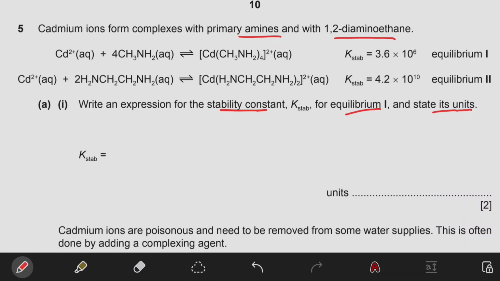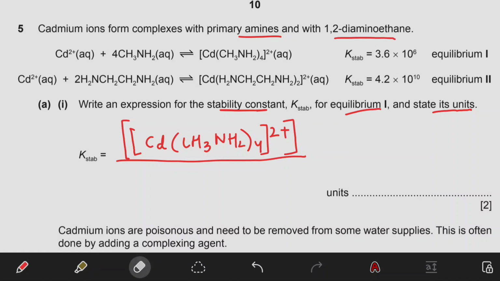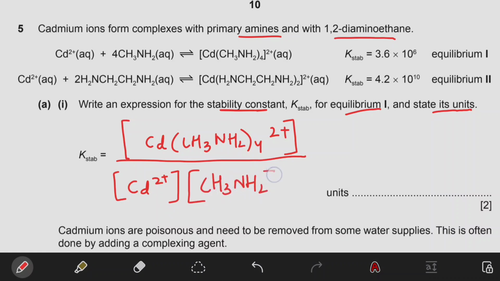Okay, so this would become and this 4 right here will become its power.